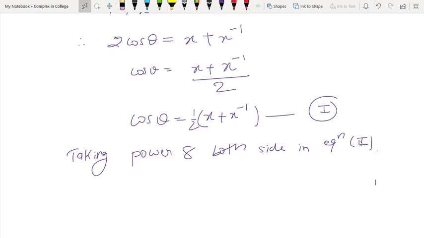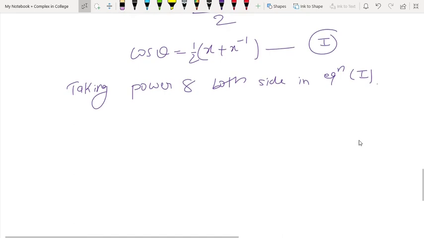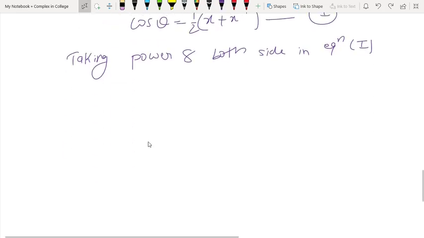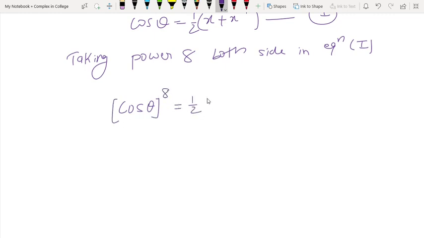So what changes will come? There we have cos raised to 8 theta is equal to 1 upon 2. Let me write it in the proper way, otherwise it will be difficult to grasp the knowledge. So taking power 8 on both sides, cos theta raised to 8 is equal to 1 upon 2 in the big bracket x plus x raised to minus 1, raised to 8.